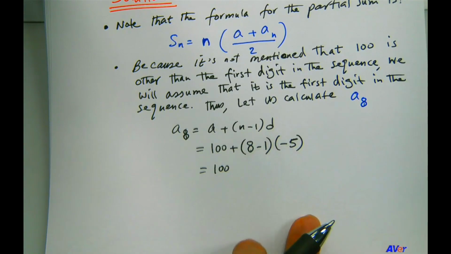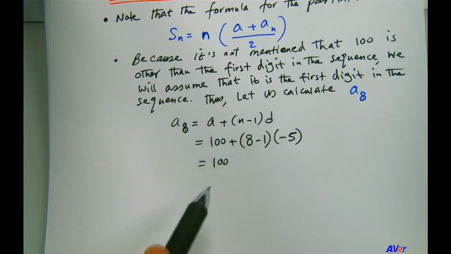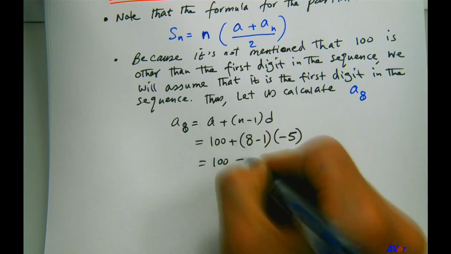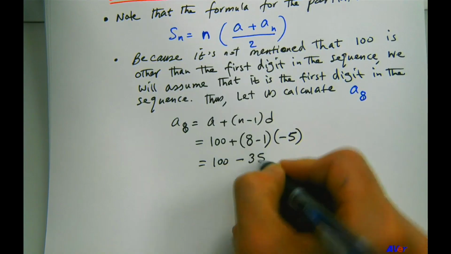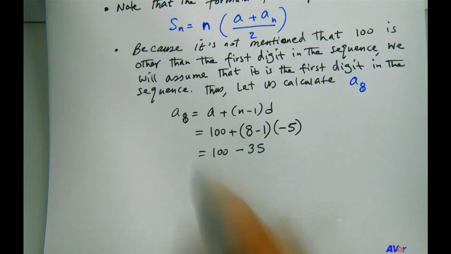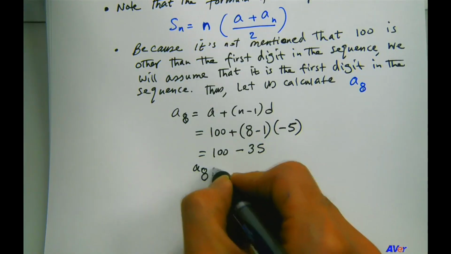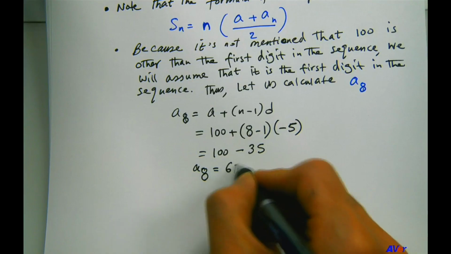So 100 minus 35 is 65. So therefore A8 is equal to 65.